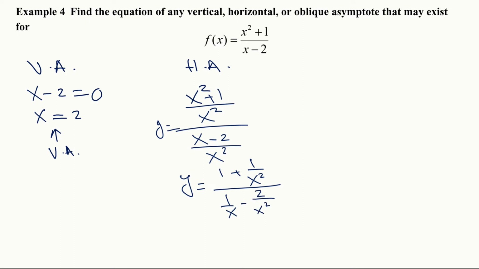Now, as x approaches either positive or negative infinity, notice this is going to be 0, this is going to be 0 at infinity, and so is this. So we're going to get 1 over 0, which is undefined. This is why this particular graph is not going to have any horizontal asymptote.